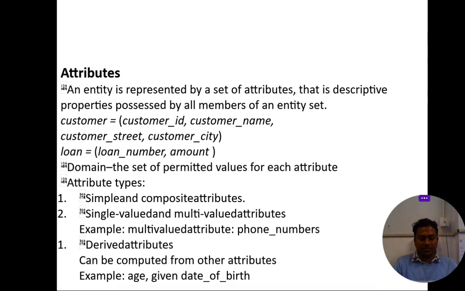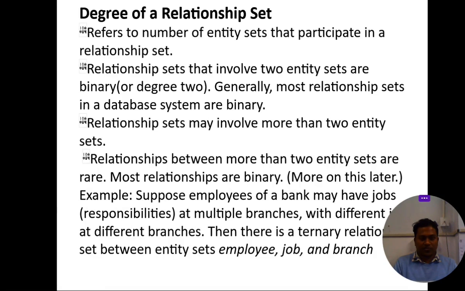Degree of a relationship set refers to the number of entity sets that participate in a relationship set. Relationship sets that involve two entity sets are binary, or degree 2. Generally, most relationship sets in a database system are binary.